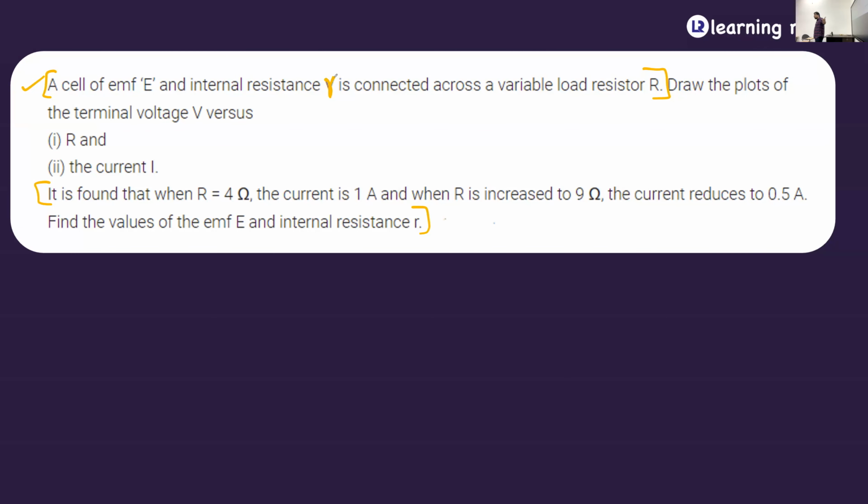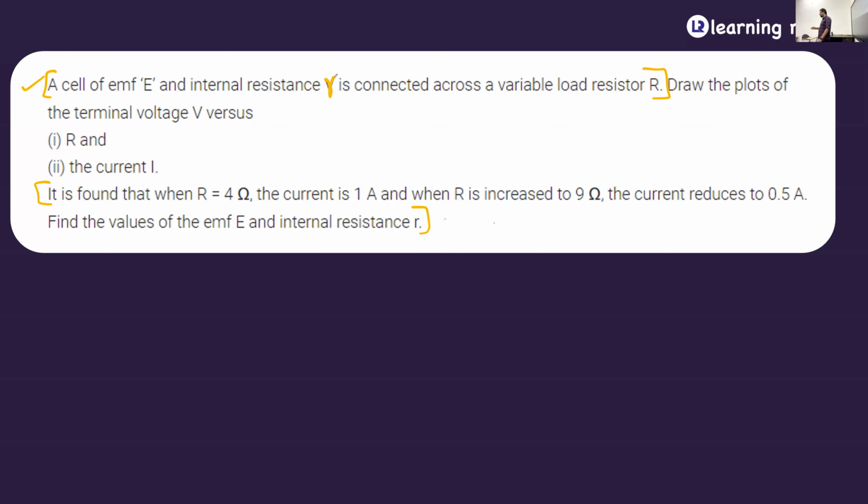Correct? So here, if you see, it is not in proportion. Now, listen to this carefully. What does Ohm's law tell you? V is directly proportional to I. So I is inversely proportional to R when V is constant. V is equal to IR, I is equal to V by R. With V constant, can I say I and R are inversely proportional?